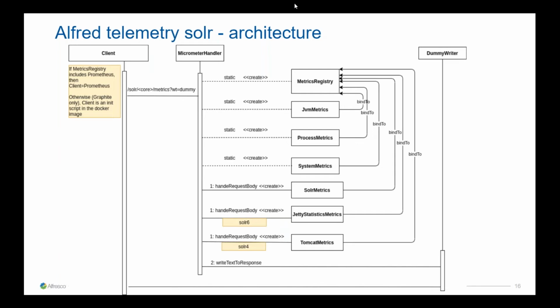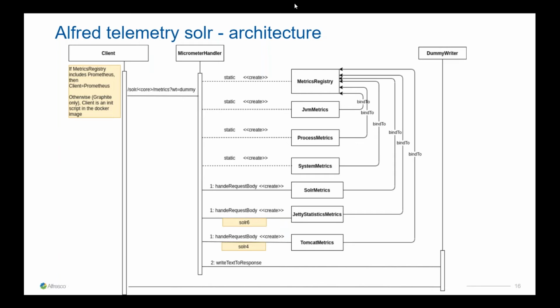Also, some other objects needed to be created statically are a set of binders which provide metrics and bind to the registry previously defined. We get out of the box, as Dan mentioned, metrics binders for JVM, system metrics, process metrics, and for Tomcat in the case of Solr 4, or Jetty in the case of Solr 6. So we need to define practically only the Solr-specific metrics.